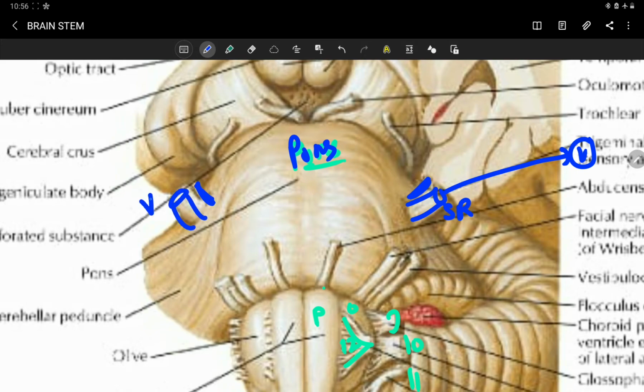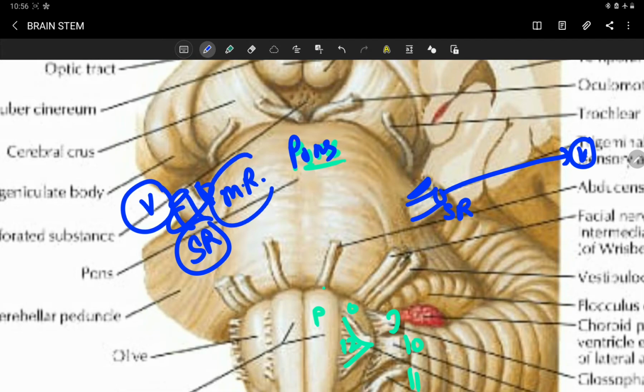The 5th cranial nerve root is emerging out from the ventral aspect of the pons. You can see here the same thick sensory root and thin motor root of the 5th cranial nerve.